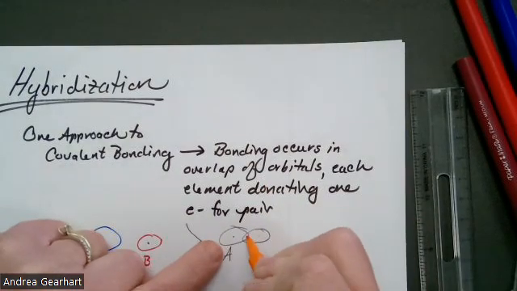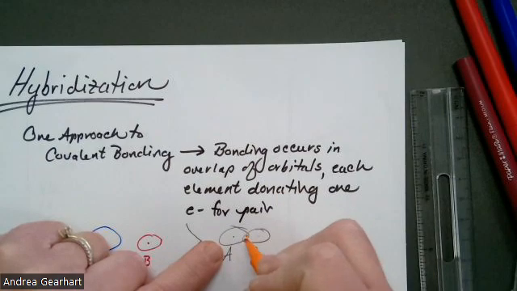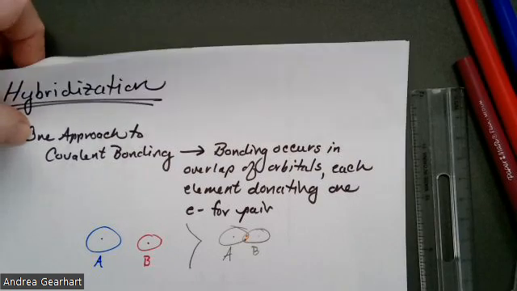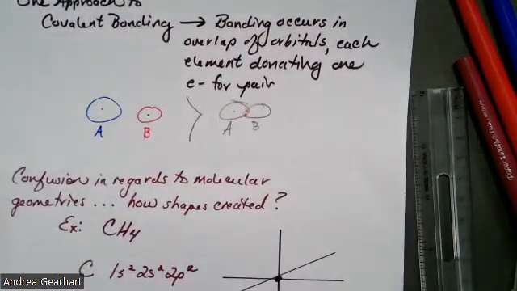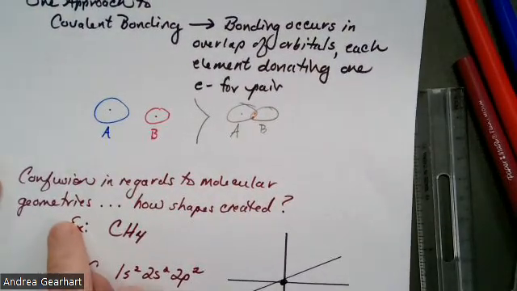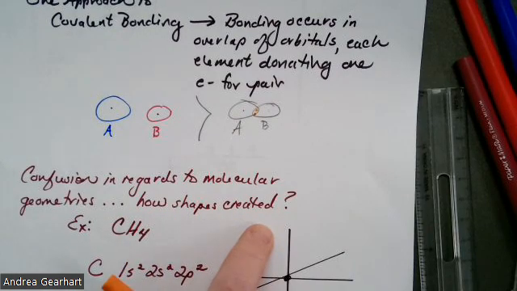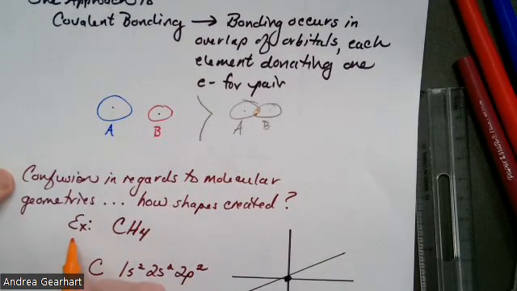So one would be coming from A and one from B. And a lot of our Lewis dot structures showed us that. But then there's a little confusion and mystery about, well, if that is true, how exactly are we getting tetrahedral, trigonal bipyramidal?